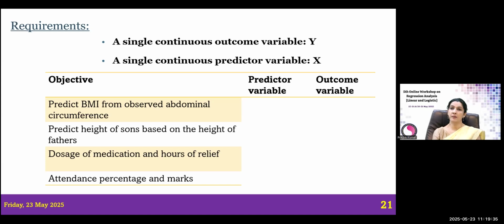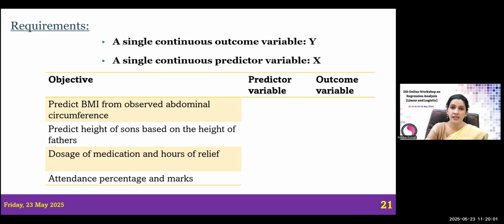So the dependent variable is the height of son, and the predictor variable is height of father. In doses of medication and hours of relief, relief is outcome, yes, and predictor is the dose of medication. And attendance and percentage of marks, Farzana has also written, attendance is your predictor variable, and the marks is your dependent variable or the outcome variable.